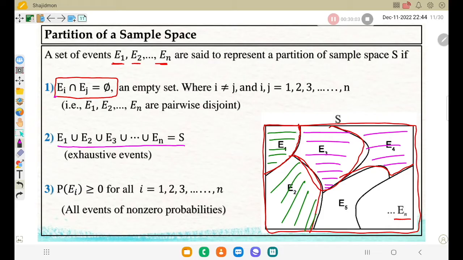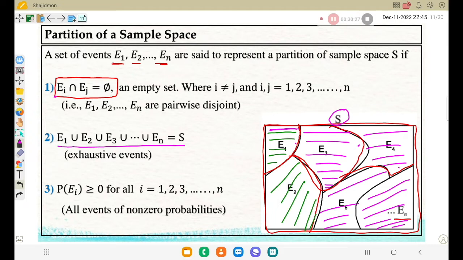If you take the union, it means the complete, full portion. So E1 union E2 union up to the last should be the sample space.